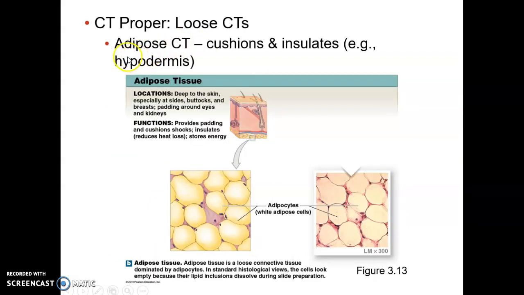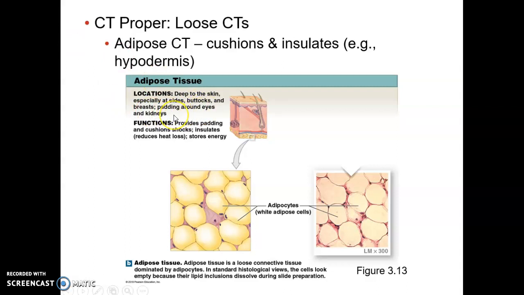Okay, adipose connective tissue, or fat, basically helps cushion and insulate in the body. So deep to the skin. Again, we'll talk about adipose connective tissue when we talk about the integumentary system, the skin, in the next chapter. In places where our body collects fat, right?